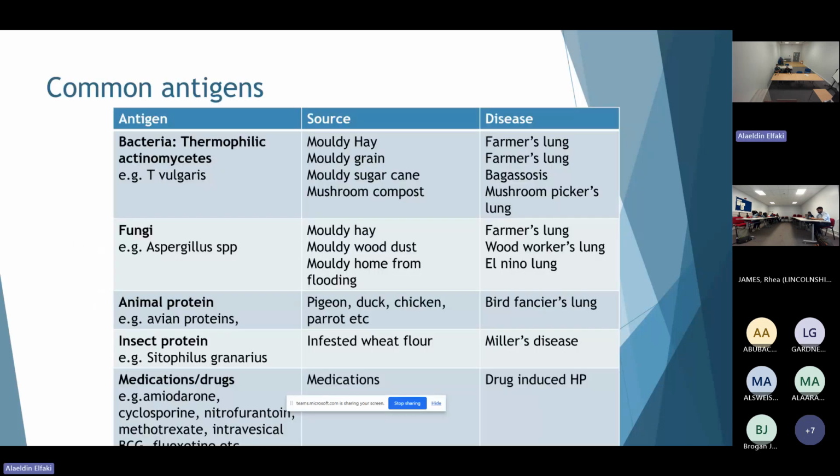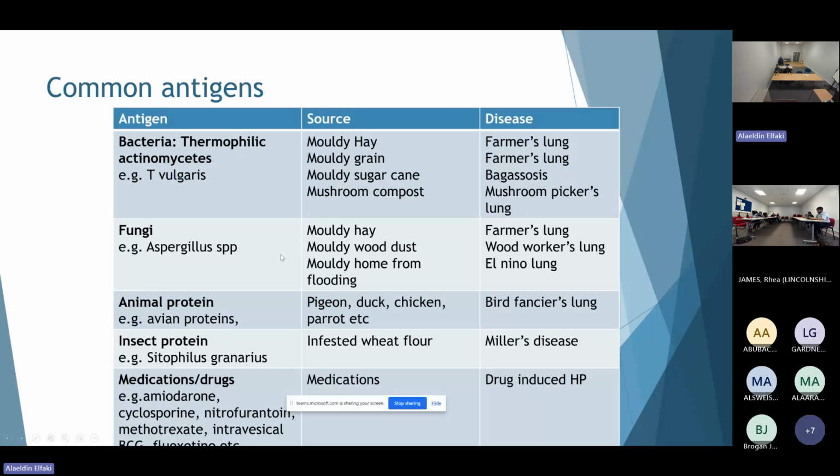The common antigens that might result in hypersensitivity pneumonitis, there are plenty of them. Actinomyces, for example, like Thermoactinomyces vulgaris that we find in hay or mold, sugarcane as well, and mushroom that might result in farmer's lung or mushroom worker's lung.